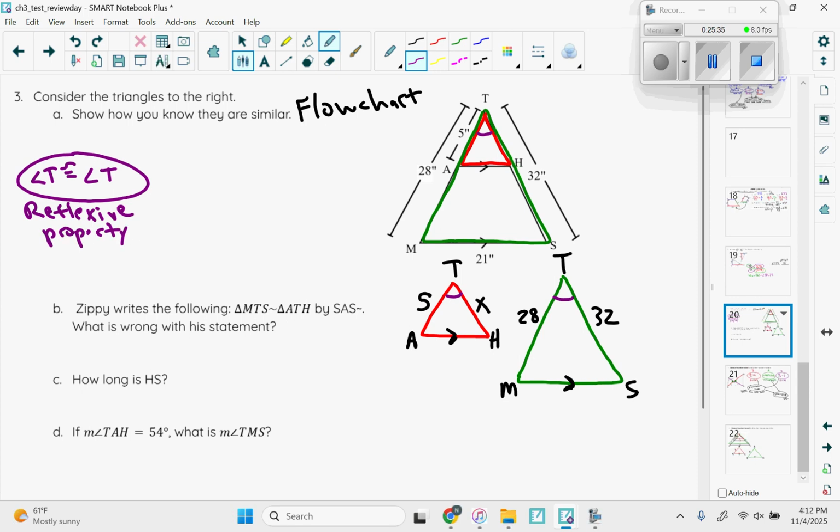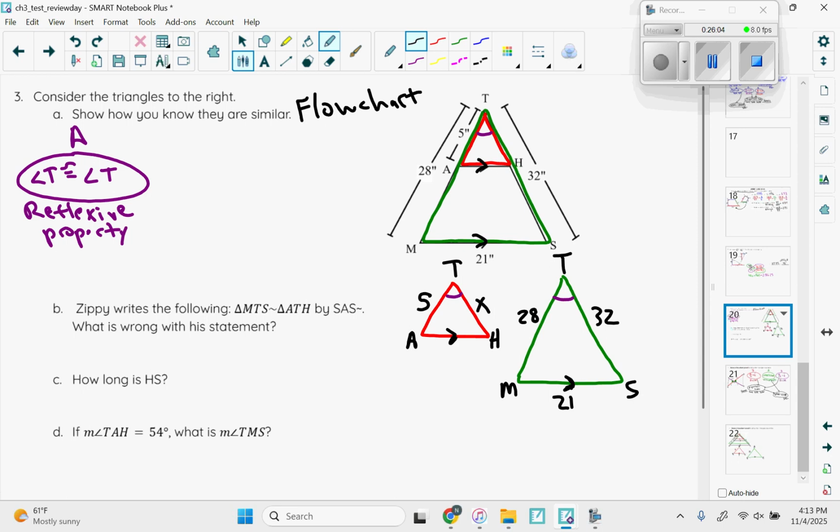And then the next thing I've got to look for is another angle. I'm doing an angle flowchart because I'm missing the side TH. That's why I put an X there. So I can't do side angle side, I can't do side side side. All that I'm left with is doing an angle. I do notice they have parallel lines here.